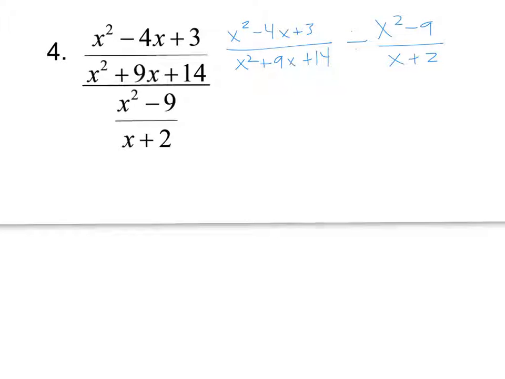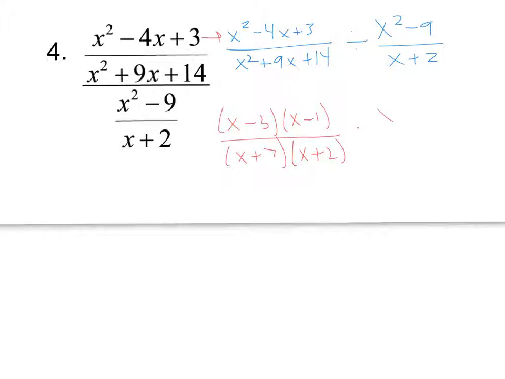And now I am going to flip the second fraction and multiply, and I'm going to factor at the same time. So when I factor this numerator here, I get x minus 3 times x minus 1 all over x plus 7 times x plus 2. And again, I'm just using the diamond method to factor here.